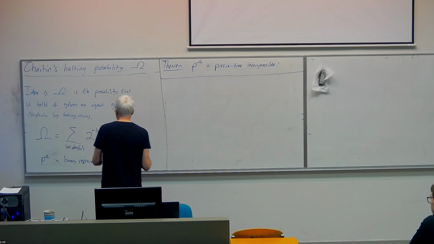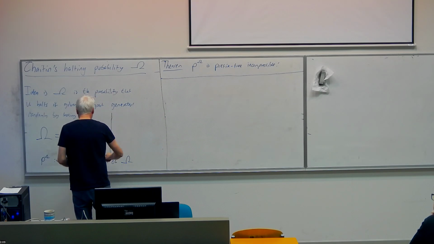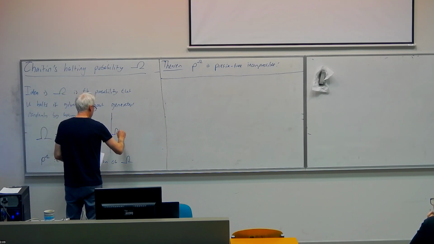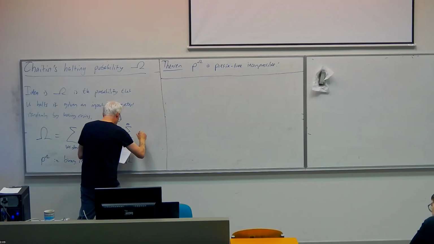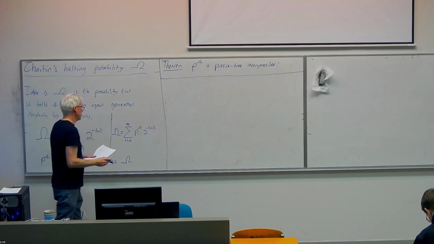Yeah, so maybe just right here from this, because P is the binary representation of omega, it's going to be useful to have this, so we can write omega as the sum of just what we get from extracting the number from the binary representation. So we take the ith bit and multiply it by its weight, which is 2 to the minus (i plus 1).